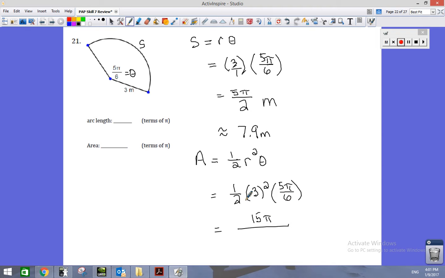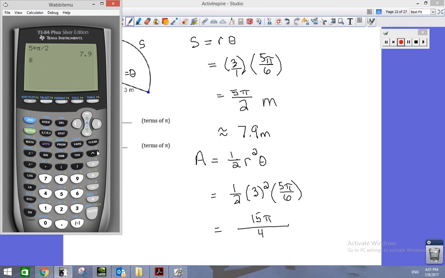And that's a 2, and 2 times 2, 4. Let's double check that and make sure that I haven't made a silly mistake. So if I've got 9 times 5 is 45, divided by 12, that fraction should reduce to 15 over 4. Yeah, okay.